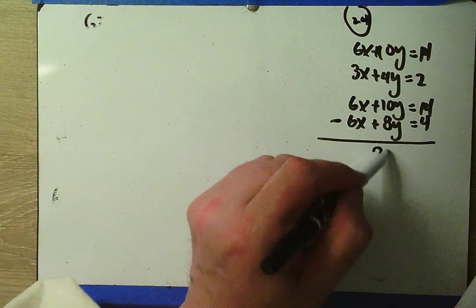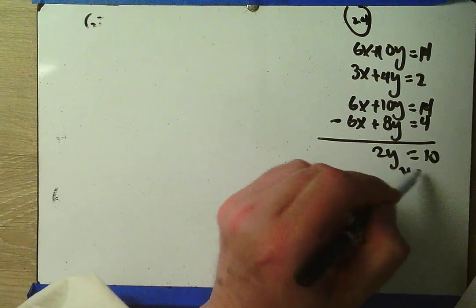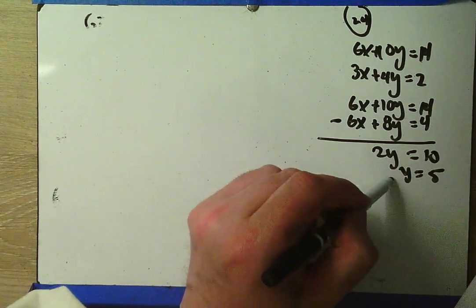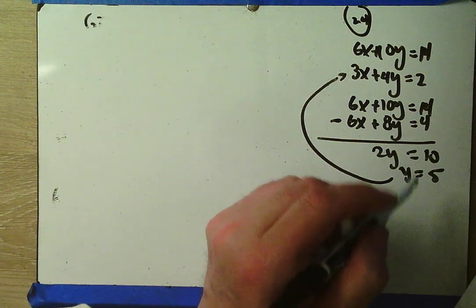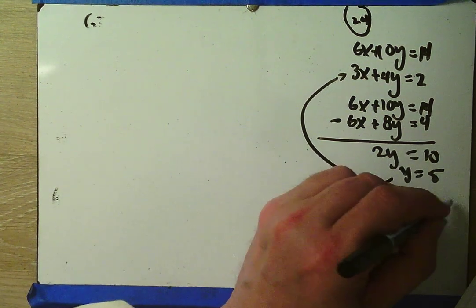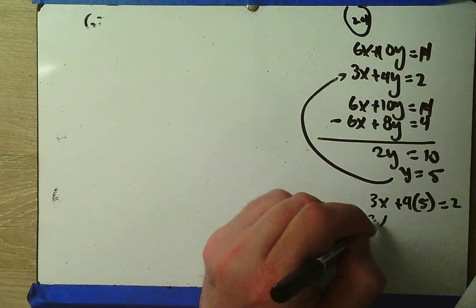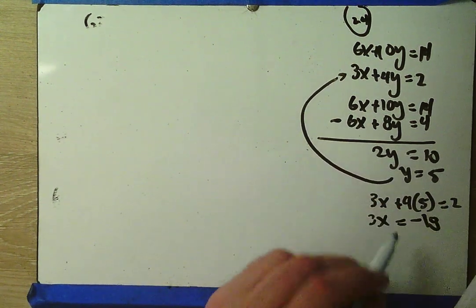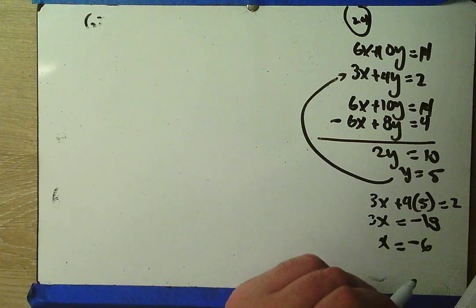And if I subtract, 2y equals 10, and so y equals 5. If I plug that back into one of these equations, 3x plus 4 times 5 equals 2. 3x equals negative 18, so x equals negative 6.